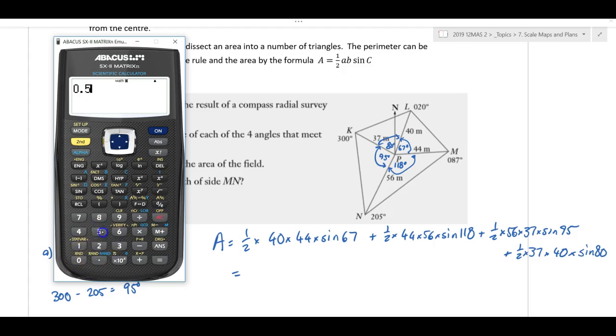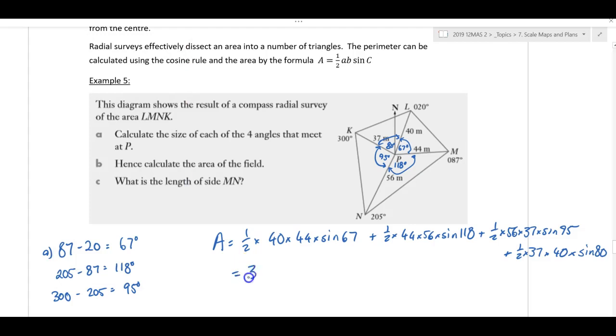Right, 0.5 times 40 times 44 times the sine of 67, close the bracket, plus 0.5 times 44 by 56 and so on, and go equals. 3,659.59 square meters, slightly bigger than the previous one.